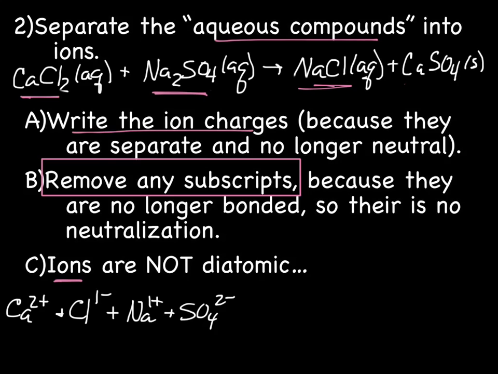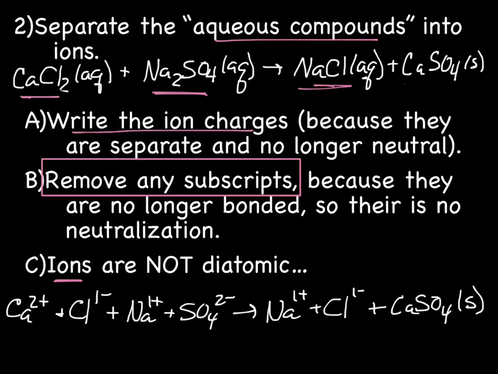That takes care of the aqueous reactants. If we go to the product side, NaCl is aqueous, so we have Na1+ and Cl1-. And then we have the solid CaSO4. Don't want to separate it because it's a solid.